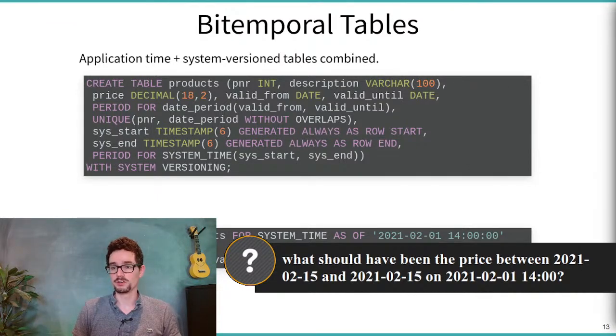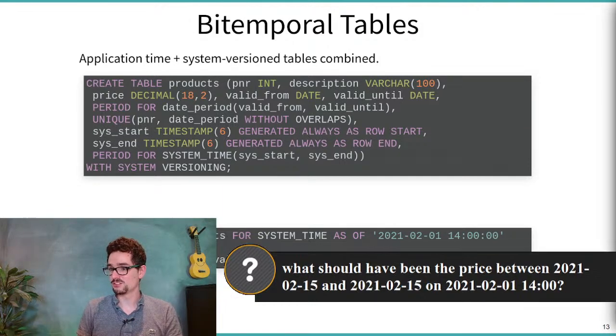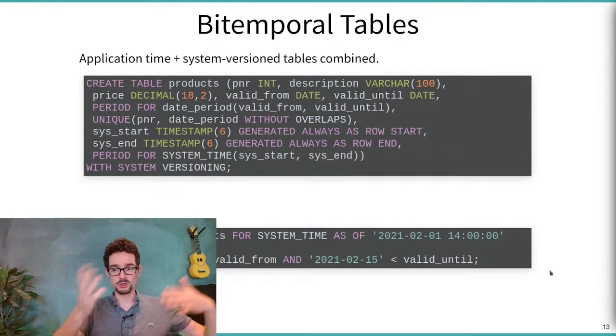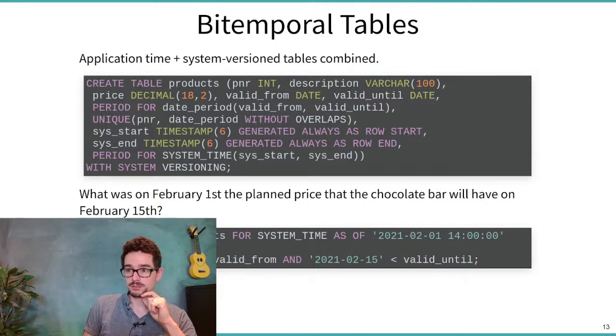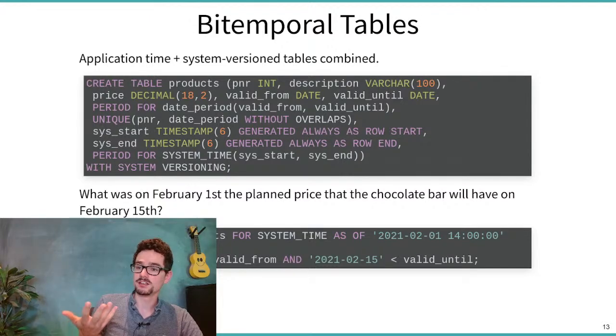What will be the price? Maybe this price prediction is changed again or so, but what I have it here. What was on the February the 1st the planned price that the chocolate bar will have on the February the 15th? So I take a look at the previous state of my application managed application timetable, what the price then would be.